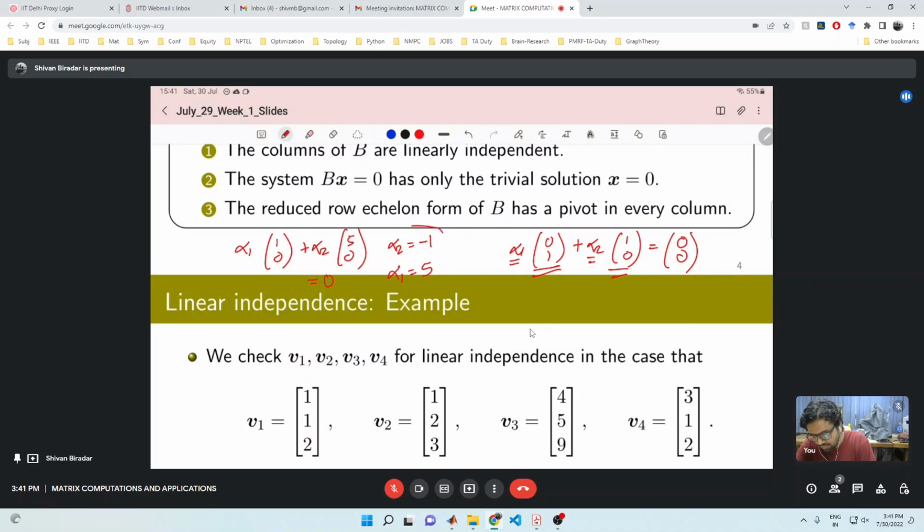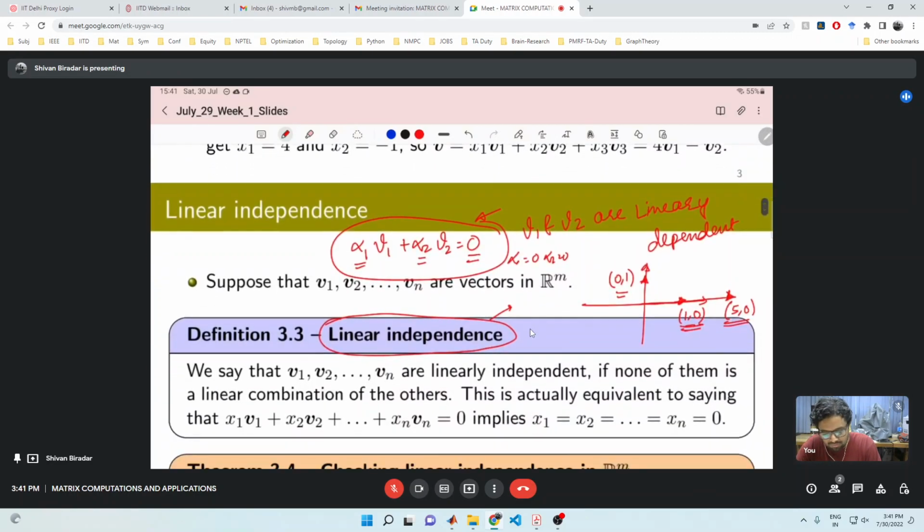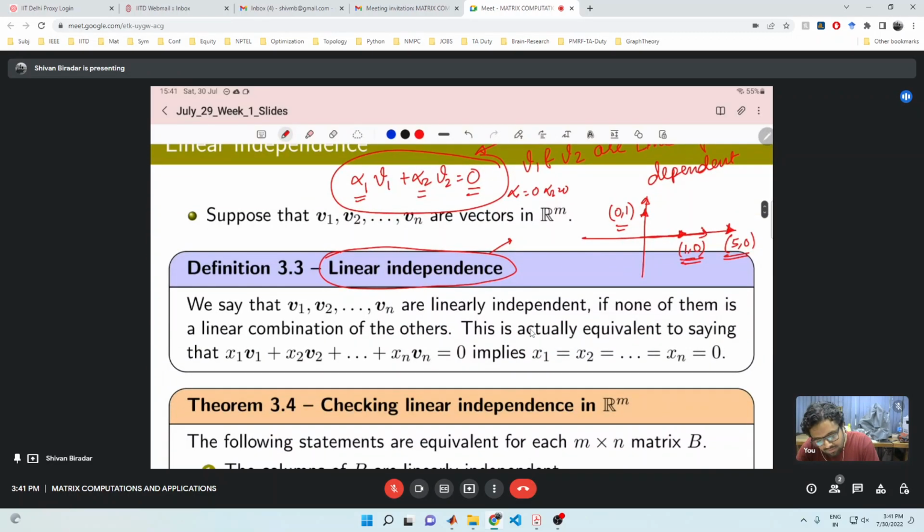So there is some value of alpha 1 and alpha 2 for which this linear combination is 0, which means that this vector and this vector are linearly dependent. In the figure, the linearly dependent vectors look like they're parallel to each other. They coincide with each other.